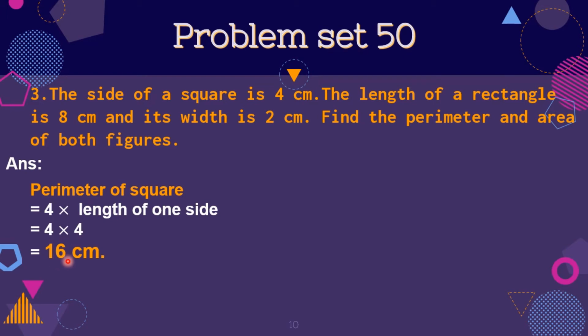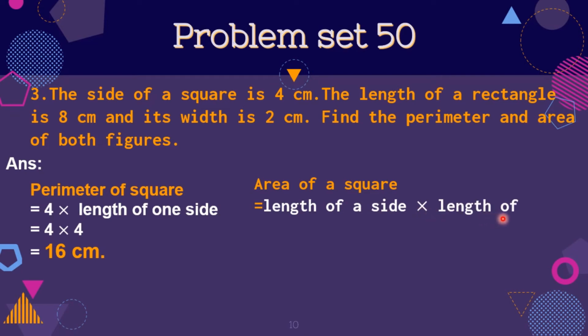Now let us find out the area of same square. We have the formula, area of a square is equal to length of a side into length of a side. We have a length of one side of this square is 4 centimeter. So we write 4 into 4, which is equal to 16 square centimeter.